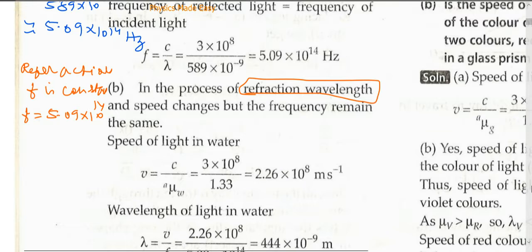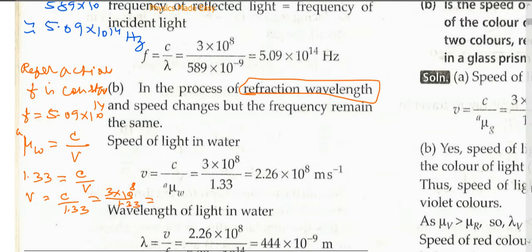And for that, we also know the refractive index of water with respect to air is equal to velocity of light in air divided by velocity of light in water. Now the refractive index is given to us as 1.33 and we are interested in calculating v. So v is equal to c divided by 1.33, which is 3 into 10 raised to power 8 divided by 1.33, and it comes out to be 2.26 into 10 raised to power 8 meter per second.